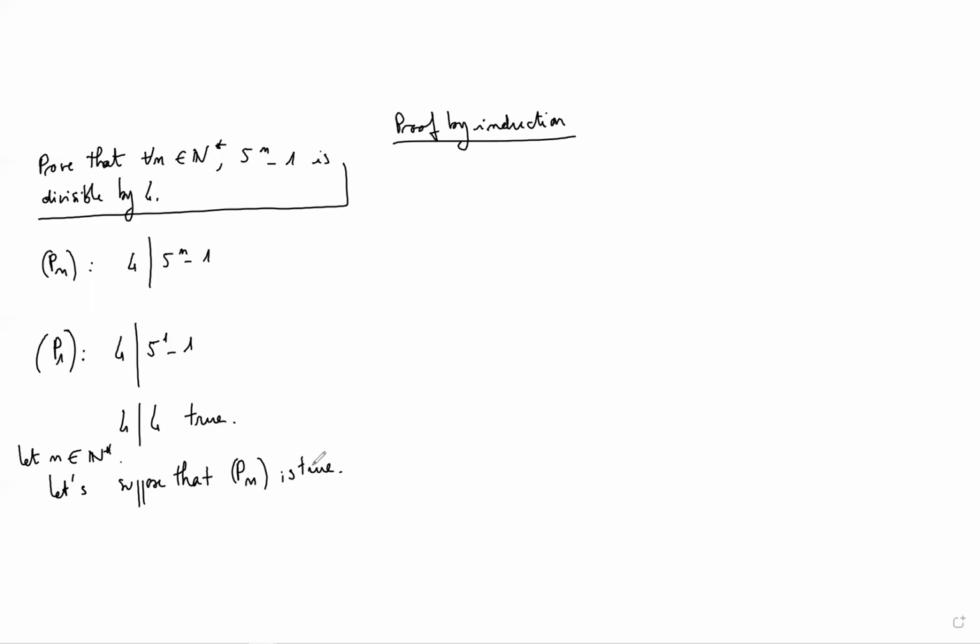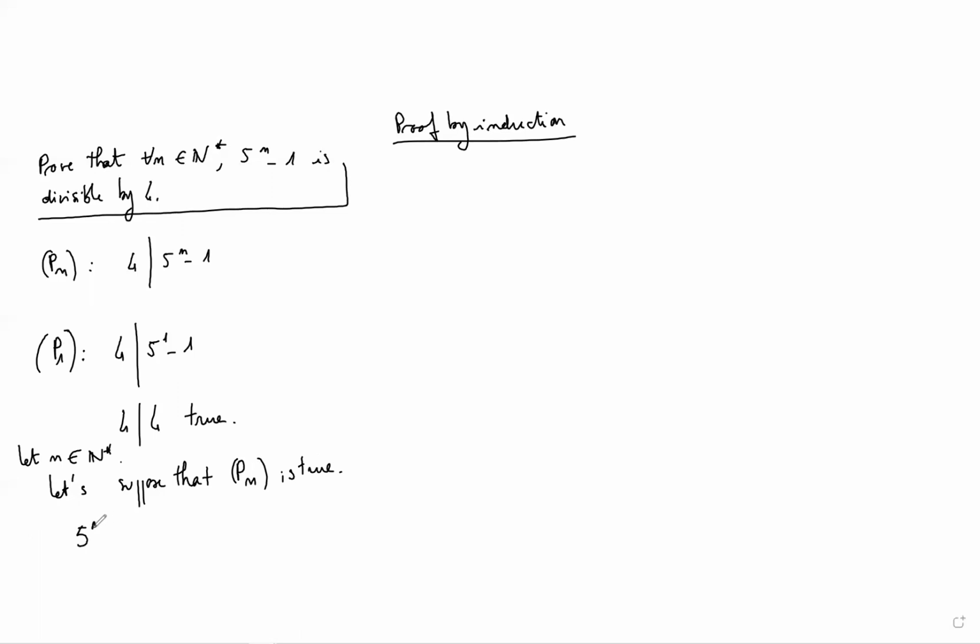Which means if this one is true, then the next one is true. And my proof will be finished. I will have proved the statement for the first one and proved that every time a statement is true, then the next one is true. I will have proved that the first domino falls, and then every time that one domino falls, then the next one falls too. I want to prove that Pn plus 1 is true.